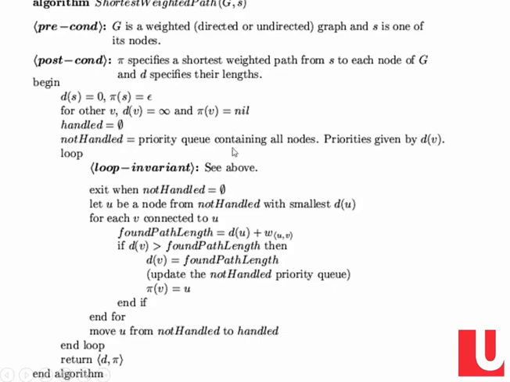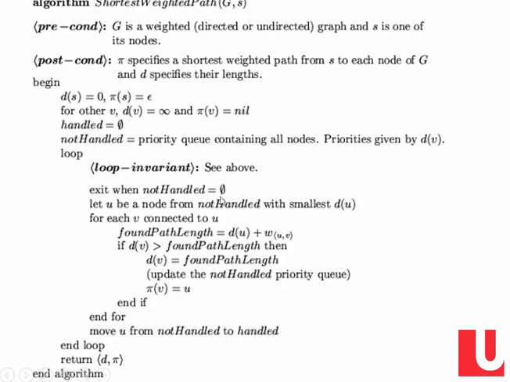And the not handled, and we haven't quite covered this yet, but we put everybody in the priority queue, because nobody's handled, right? So everybody's in there with their d value, right? And then if the not handled is empty, then we quit.